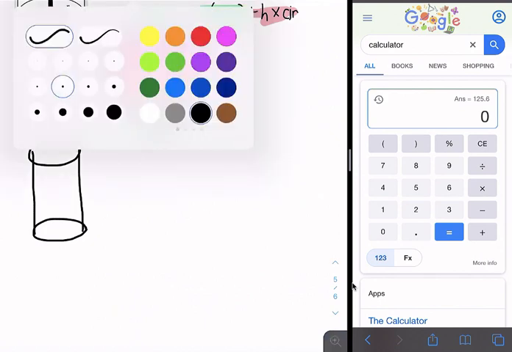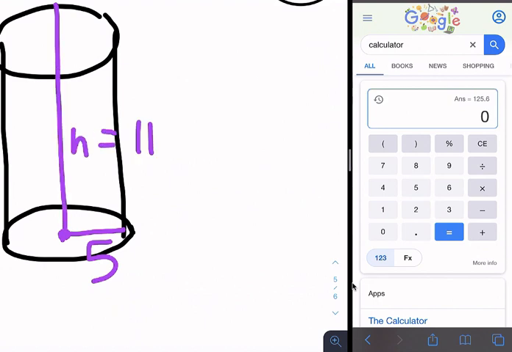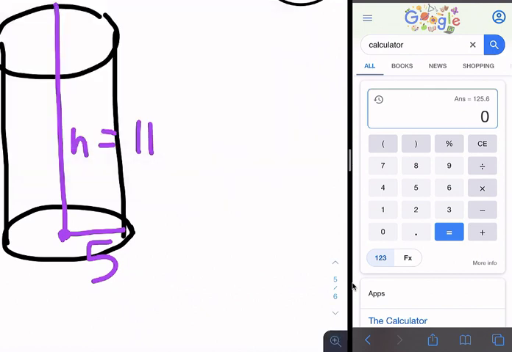Wonderful cylinder. My radius is going to be 5, and my height is going to be 11. Okay, I'll leave that. So, those are the only two pieces of information that I need.